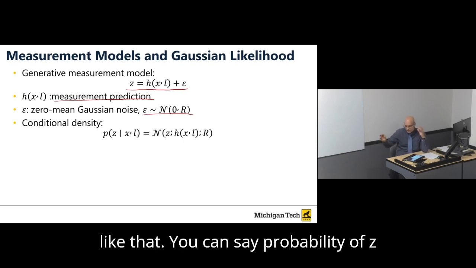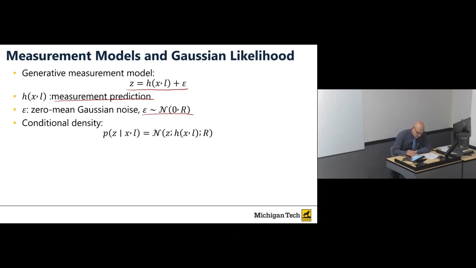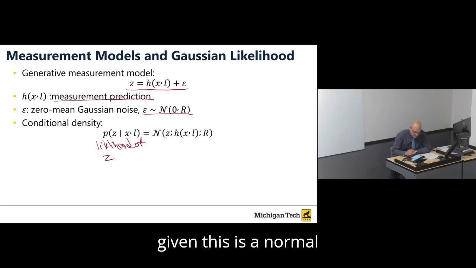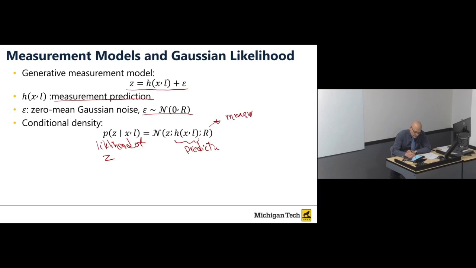We can say the probability of z given x and L, that is actually the likelihood, is a normal distribution around this prediction with a covariance that is the measurement noise.